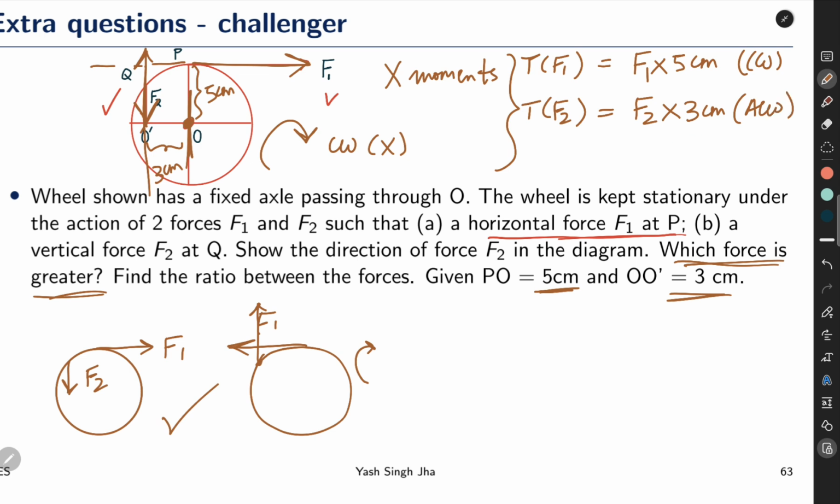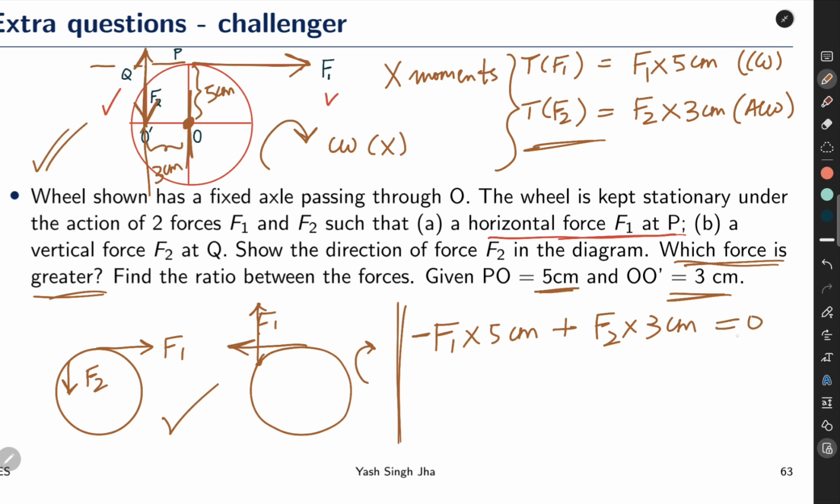Now if the wheel is balanced, total torque should be 0. So F1 into 5 centimeter minus, because it is a clockwise torque, plus F2 into 3 centimeter should be 0, since it is in equilibrium.